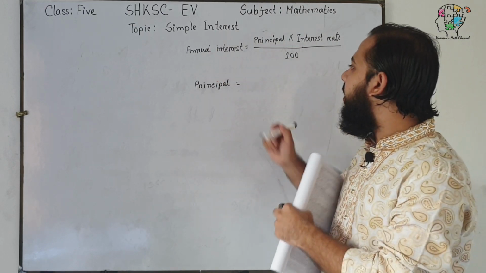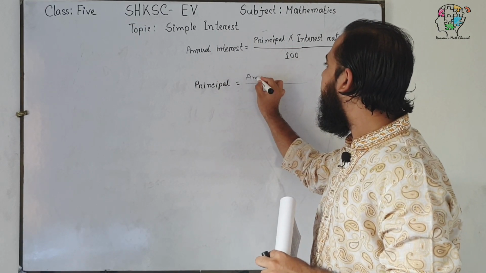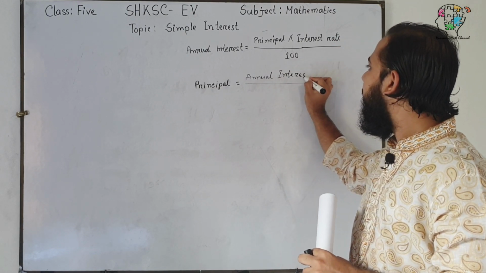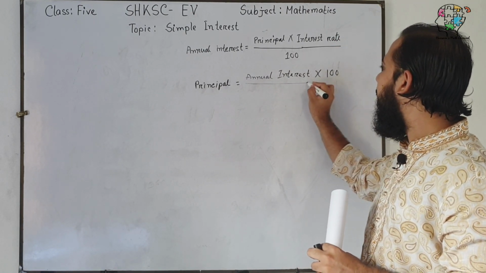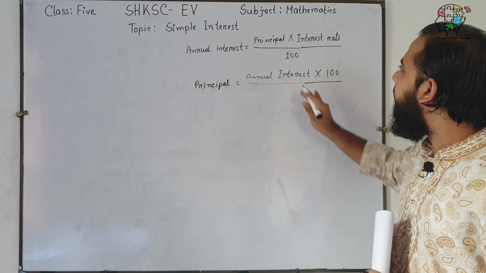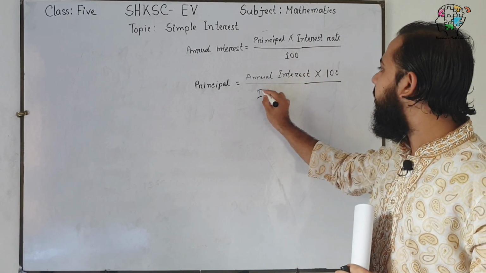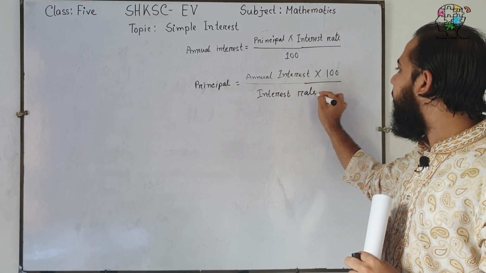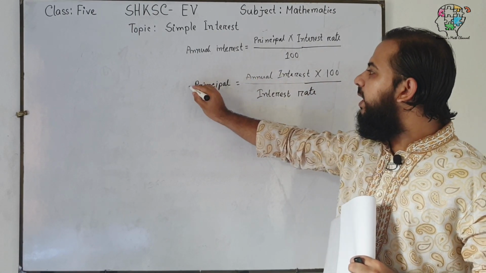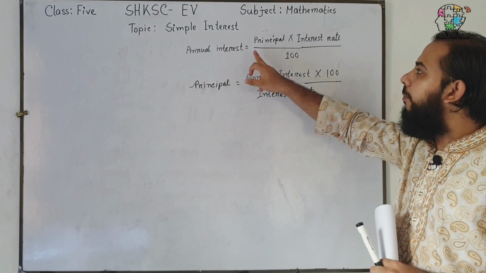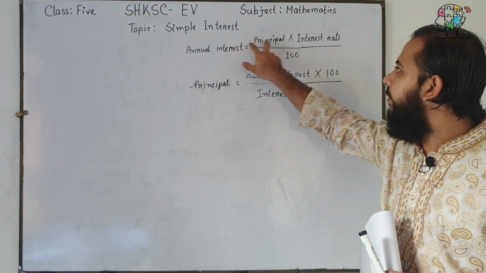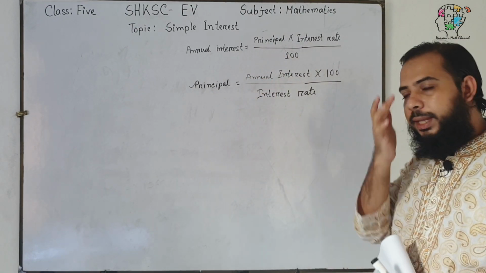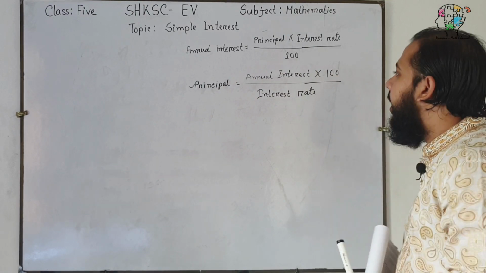It will be annual interest times 100, divided by the interest rate. So we write the formula for principal from our main formula. We just write the formula like this and then do the math to find the principal.